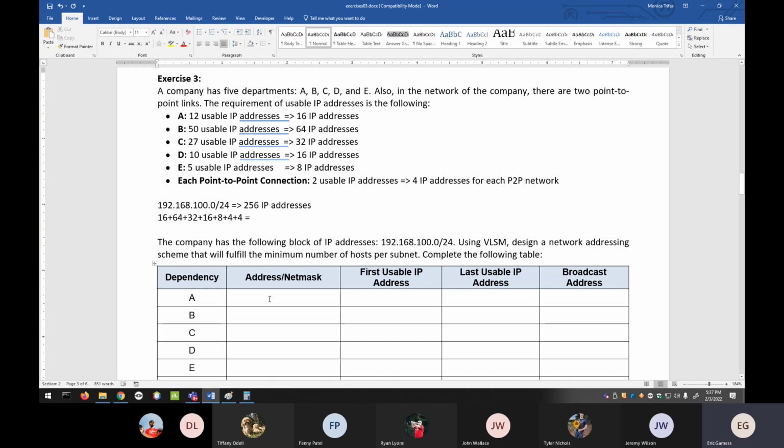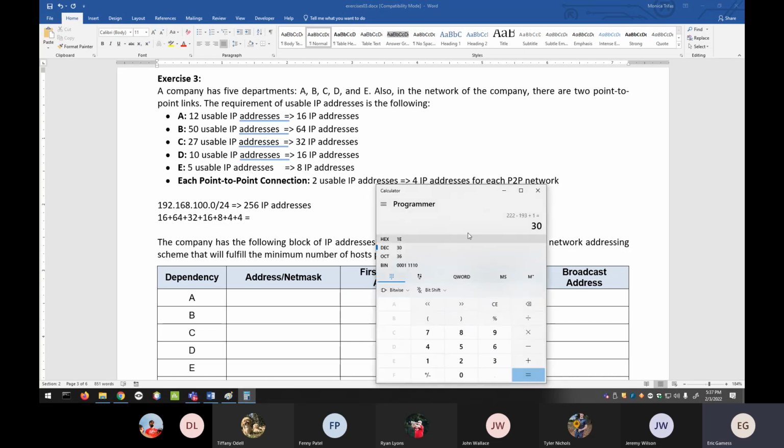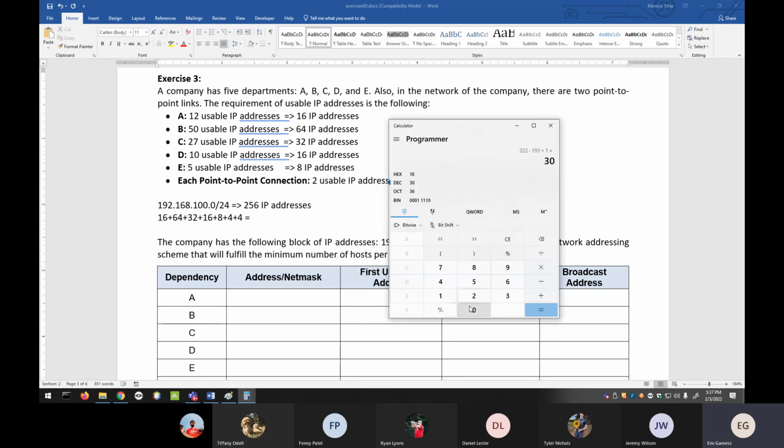So in total, let's compute that with the calculator to see how much we need. So we need 16 plus 64 plus 32 plus 16 plus 8 plus 4 plus 4.